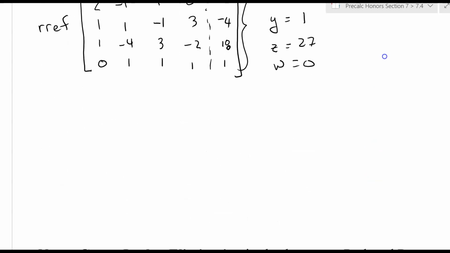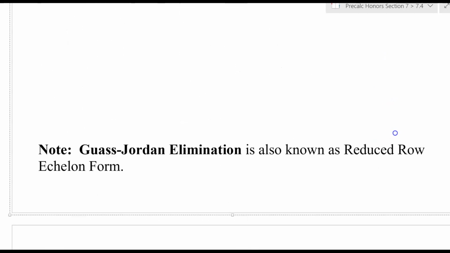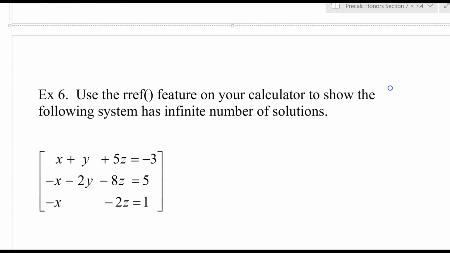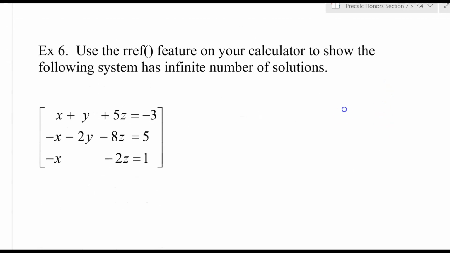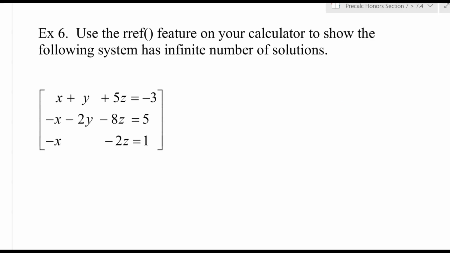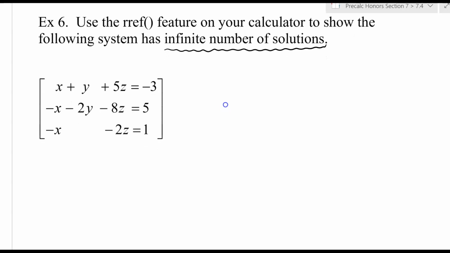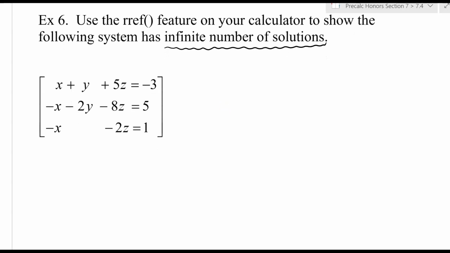And finally, example 6 here: use the reduced row echelon form feature on your calculator, which is basically the only way we're going to solve systems, to show that the system has an infinite number of solutions. So we'll take a look at our solution and talk about why it indicates that there's an infinite number of solutions.